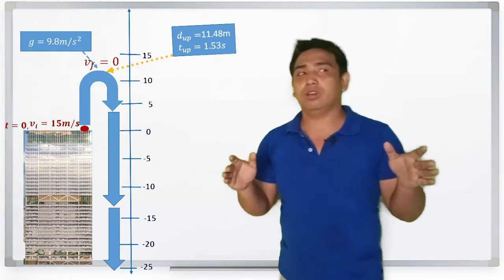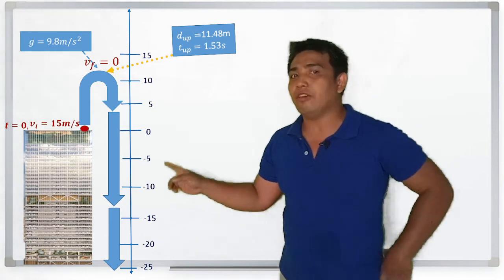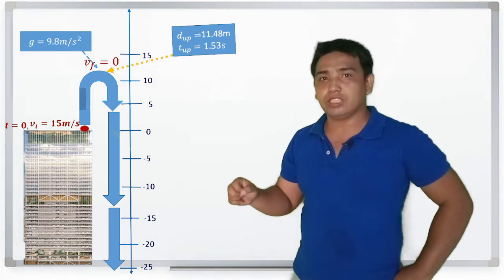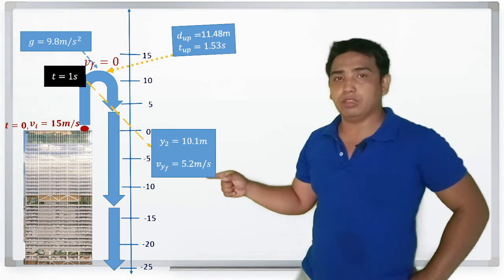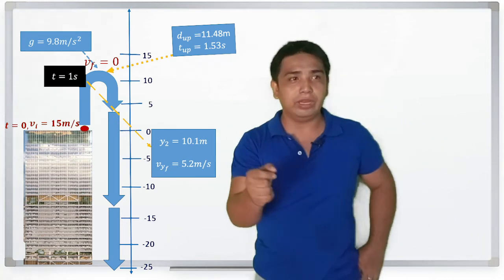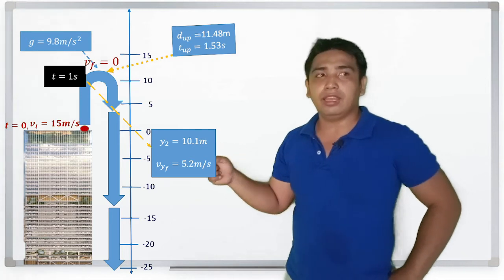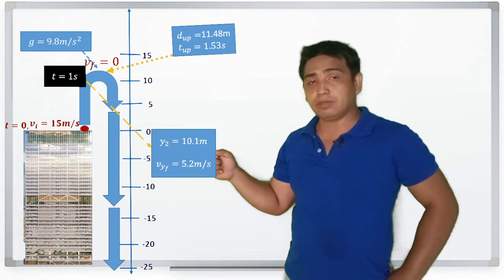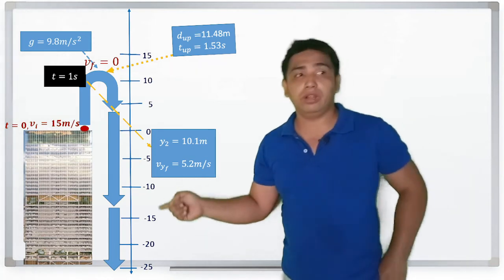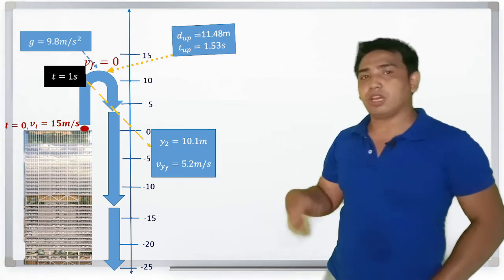And then you're also asked to find the velocity and position of the ball after 1 second, and you were able to find it, and that's good for you. You found that the ball is 10.1 meters above the railing, and its velocity is 5.2 meters per second. And then you missed to catch the ball.